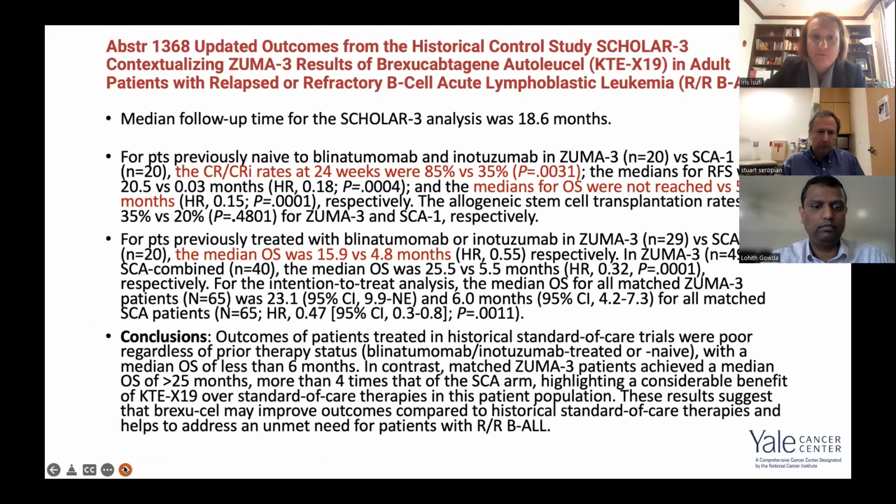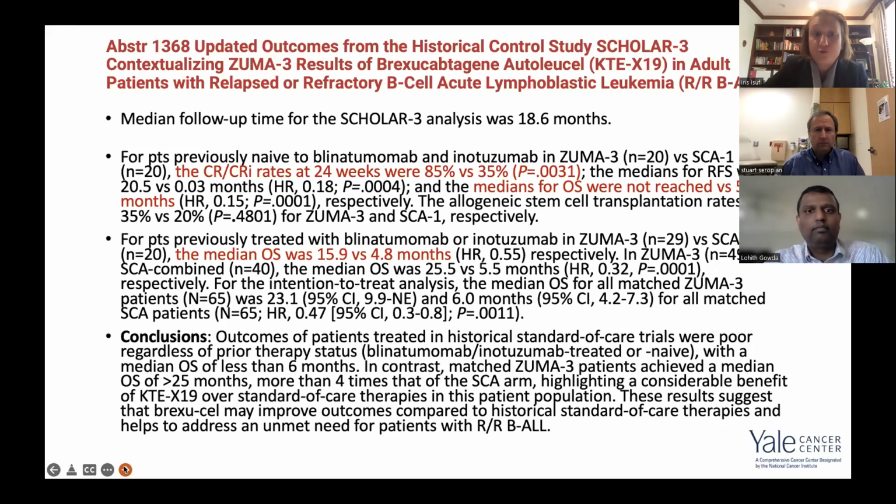And what they actually found is that the group that received CAR T-cell therapy with axi-cel had much higher complete response rates of 85% versus patients who had other standard of care approaches, also predominantly chemotherapy, of 35%, with a median overall survival that was higher at 16 months versus about 5 months.